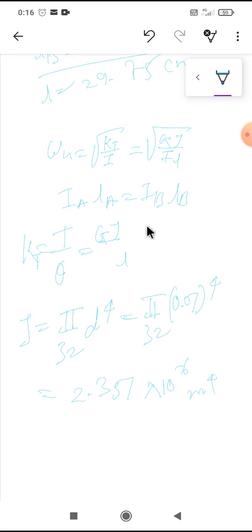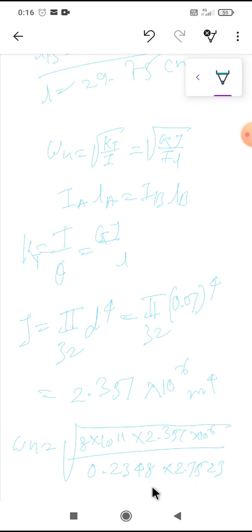So we have got G, we have got J, we have got I and we have got L, so we can find omega n. So that is equal to 8 into 10 raised to 11 into 2.357 into 10 raised to minus 6 divided by 0.2348 into 2.7523.